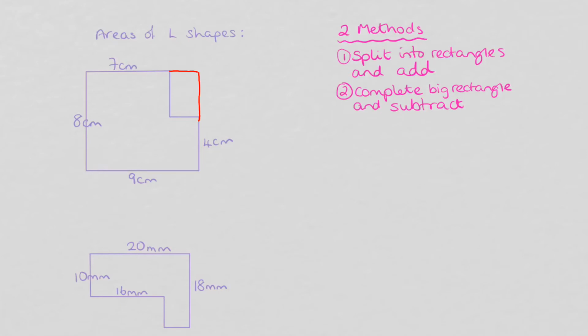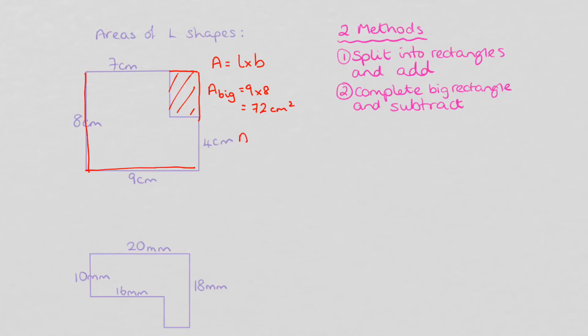So now the big rectangle and the small rectangle, we're going to need to find their areas and subtract them. We're still talking about rectangles, so we'd still write down A equals L times B. So I would write A big to show that this is the area of the big one. So the big one, here's the length and breadth. We've got 9 by 8, so that's 72.